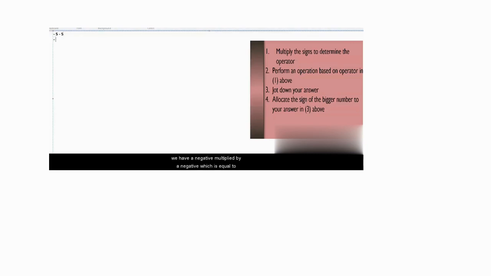So we have a negative multiplied by a negative, which is equal to a positive. It's going to be an addition operation. Add 5 to 5, we get 10. There is no bigger number, and they all have the same sign. So we pick any of the signs, minus 5.